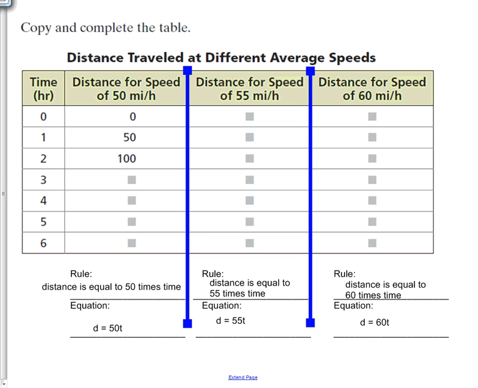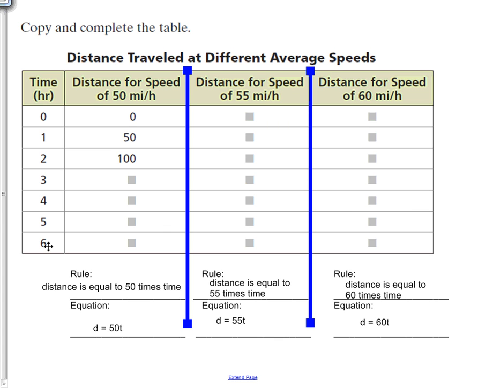Moving on, let's look at the distance that people traveled for an average speed. 3 different speeds. Okay, we have 2 different variables, time and distance. So time, we already have that filled out. That's our independent variable. We changed that. It doesn't depend on anything. We said 0, 1, 2, 3, 4, 5, 6.